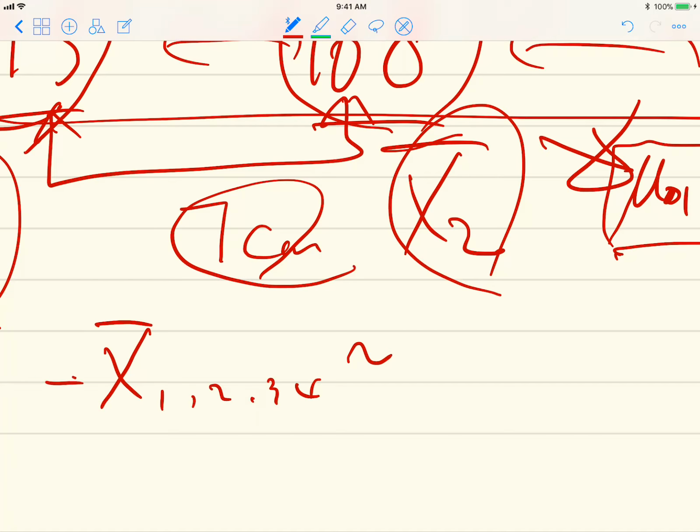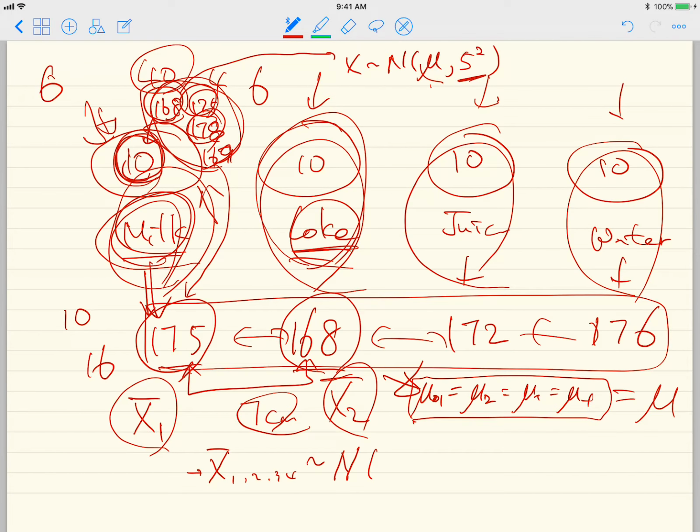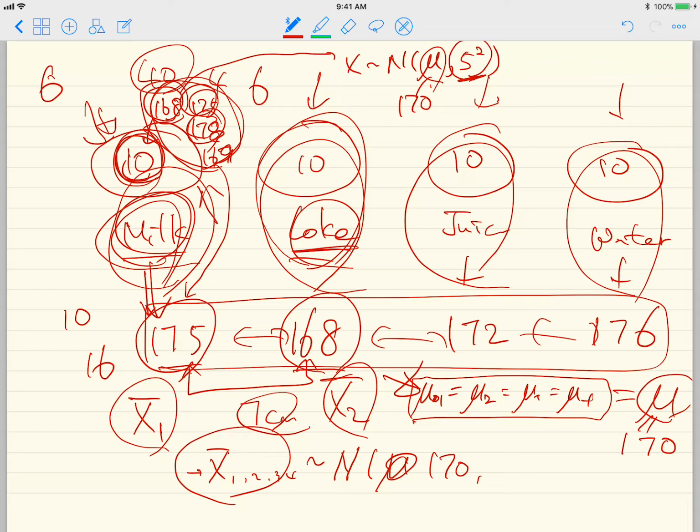In that case, these four different sample means will follow the same distribution with the same mean value. Let's just fix it as 170. So the true parameter was 170, and the sample mean will also follow 170 as the mean. What is the variance?